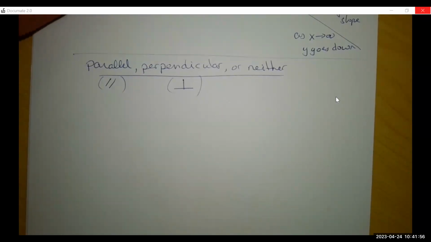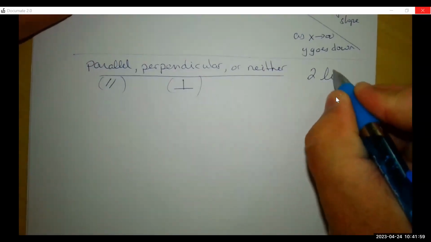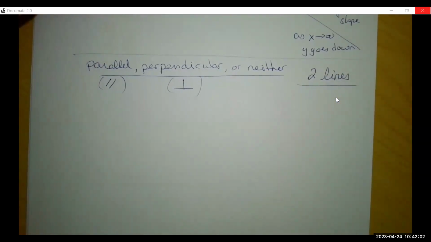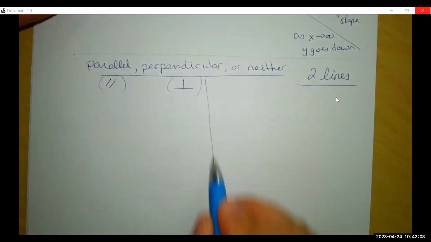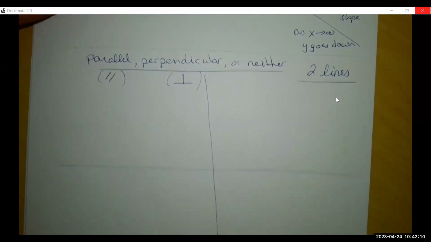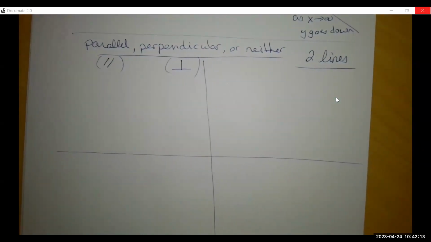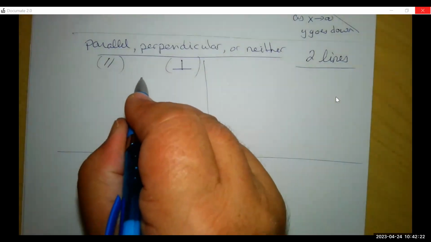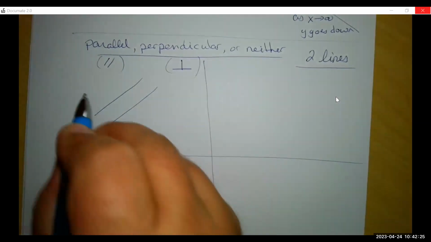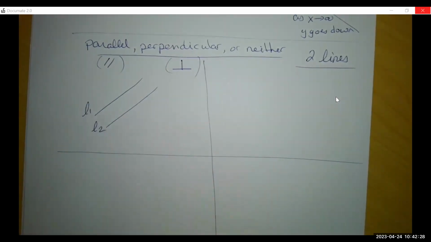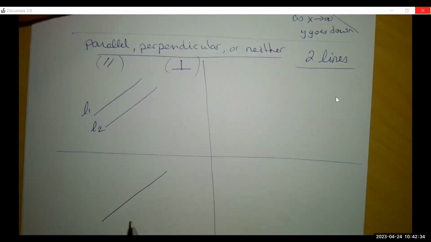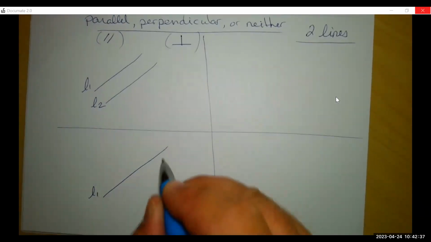Because here, now we're looking at two lines. We're going to compare two lines. Four things can happen when you have two lines. This is line 1. This is line 2. This is line 1.